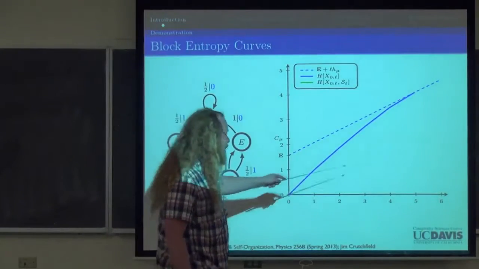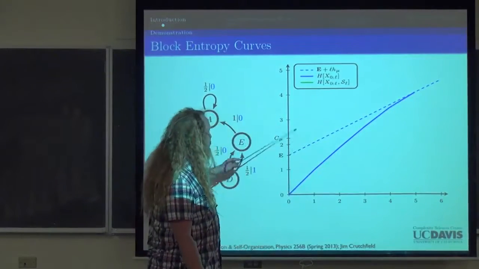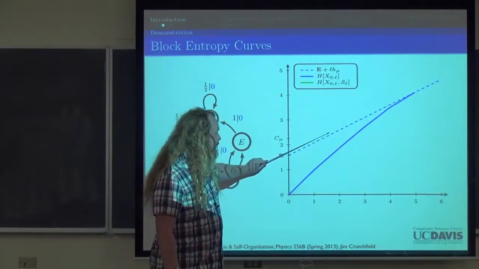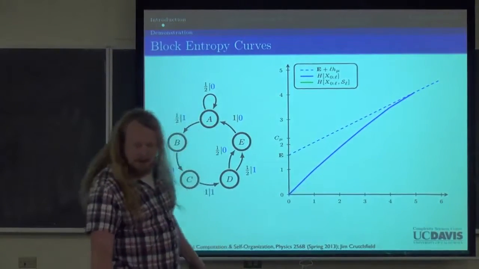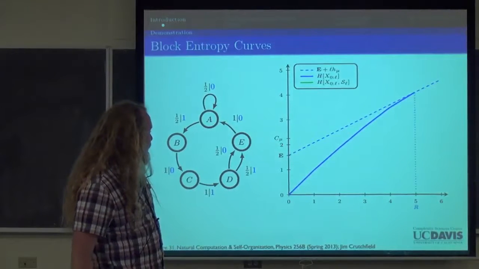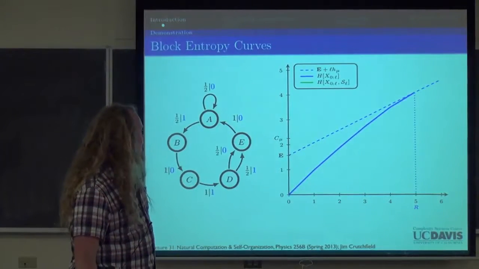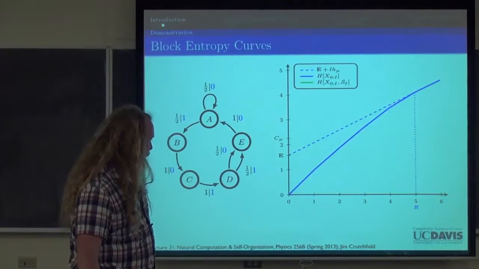And we notice at length 5, the block entropy is exactly equal to E plus 5 times h mu. So it's exactly on this asymptote that we know it eventually limits to. And when we're exactly on that, that's the Markov order. And then it just keeps going and following the asymptote.